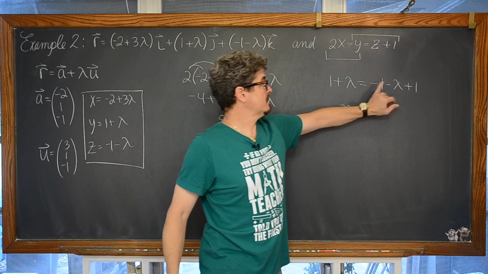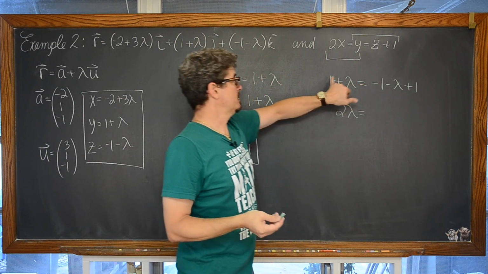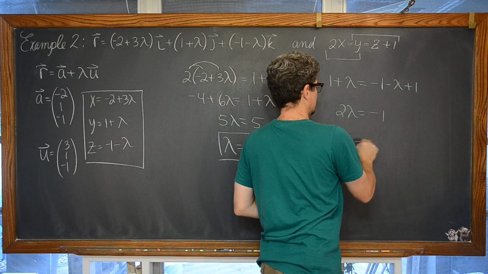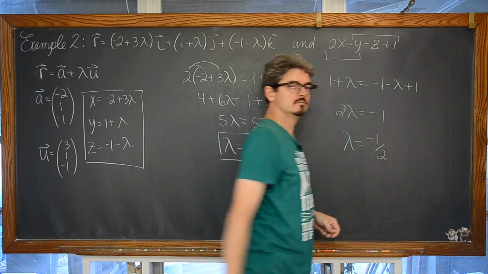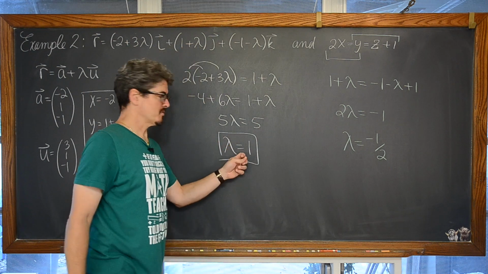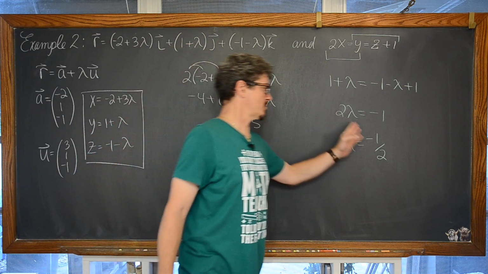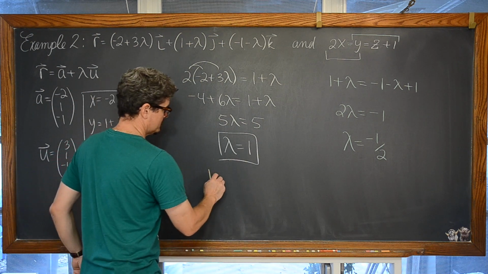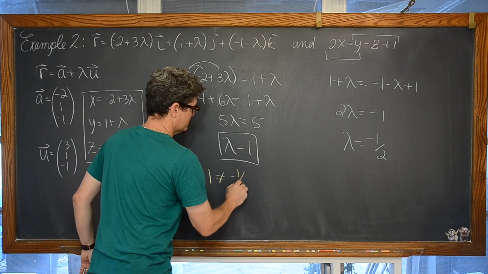We have negative 1 plus 1, which is 0. Now we're going to subtract 1, so we have 2 lambda is equal to negative 1, and lambda is equal to negative 1/2. Well, first two parts gave us 1, second two parts gave us negative 1/2. Conclusion: 1 does not equal negative 1/2.